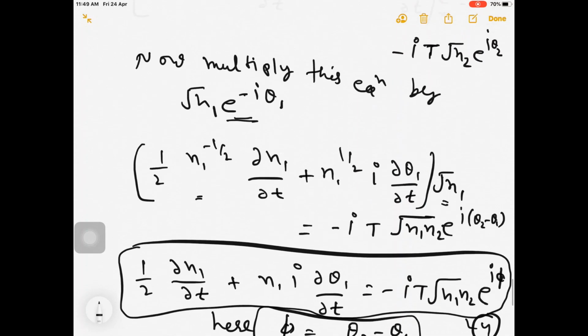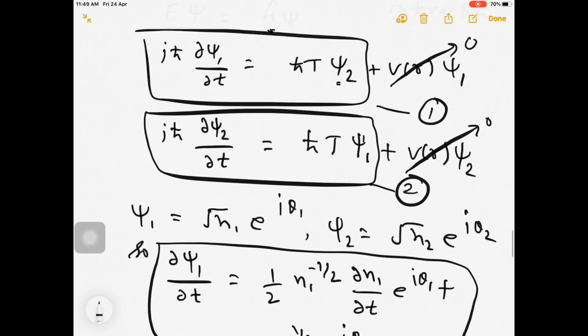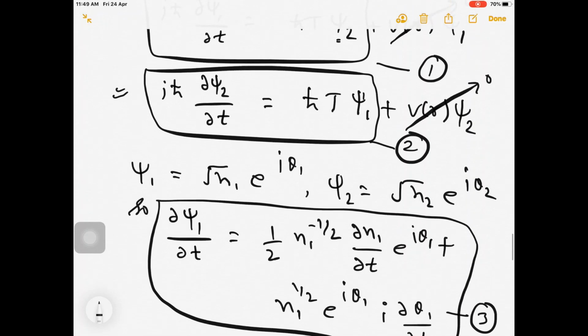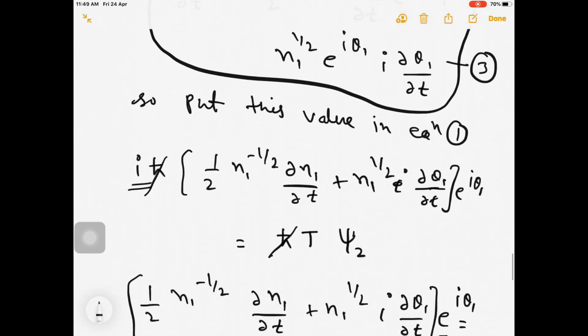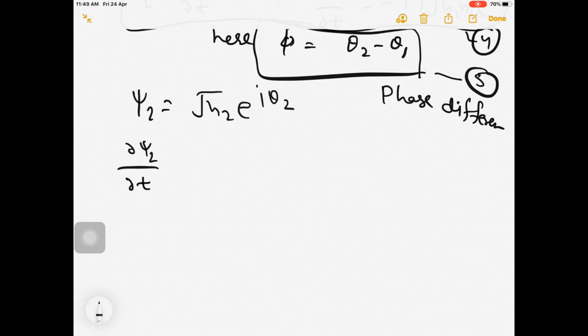Okay, similarly we can do the same process for the second Schrodinger equation, that is for this one. This time I will differentiate psi2 with respect to time and put the value in equation second. So del psi2 divided by del t is nothing but, with psi2 equal to under root n2 exponential iota theta 2, I will do the same process as I discussed till equation number 4.